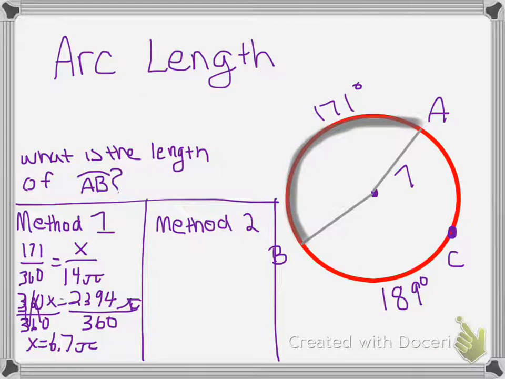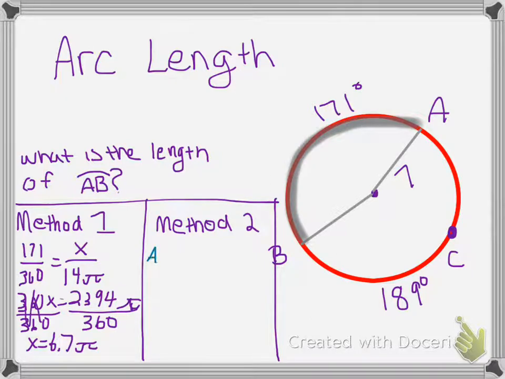Now, method 2 is for those of you who do better with a formula, a straight-up formula of, here you go, plug into this. The formula is the arc length, so let's do AL for arc length.